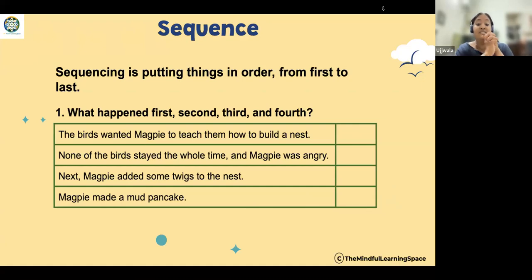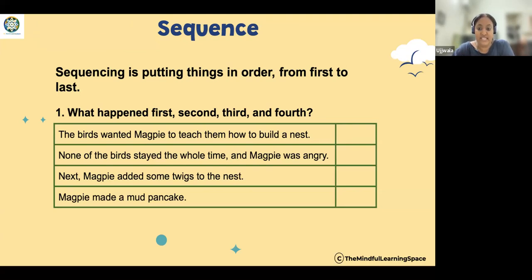Next, Magpie added some twigs to the nest, or Magpie made a mud pancake. Just think about it and tell me. You can discuss with each other. We don't know this story. Even I don't know the story, but think as if it's a story.